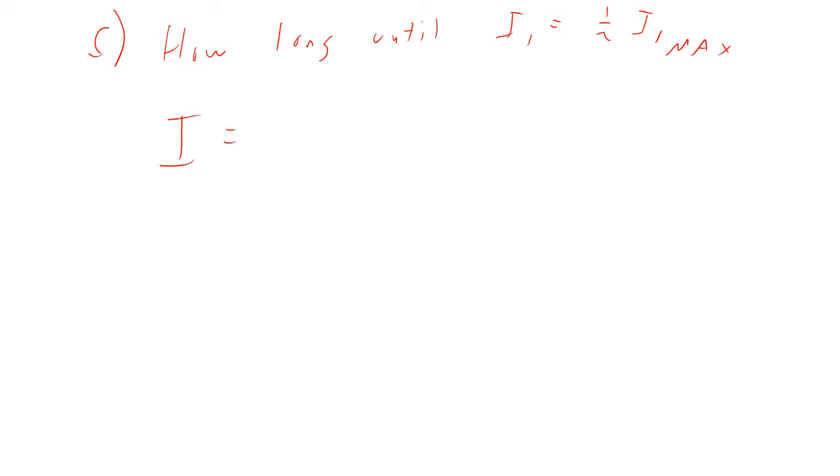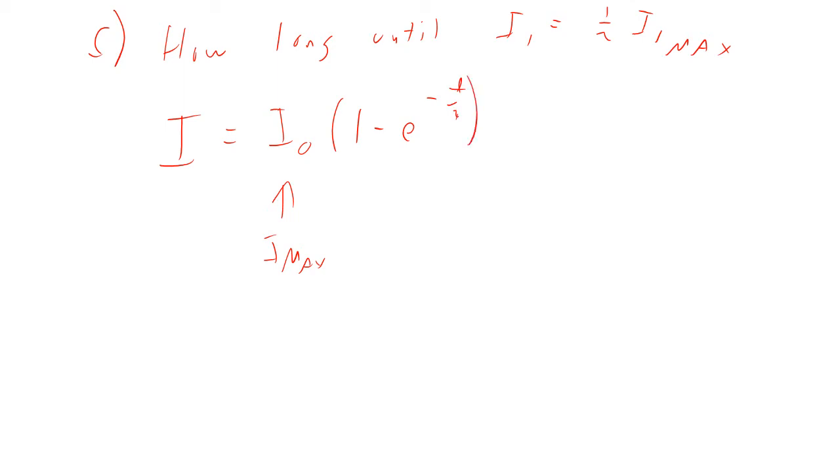So, third question, how long did it take until the current I1 was half of its maximum? So we know that the current, as you're increasing in the inductor, is going to be I naught, in this case I max, times 1 minus e to the minus t over tau.